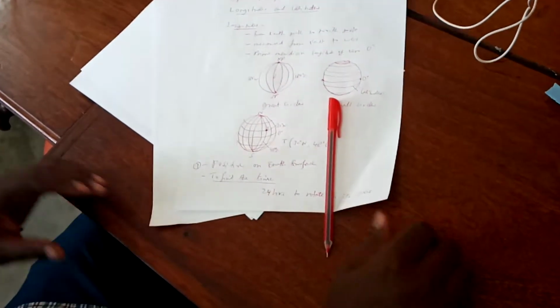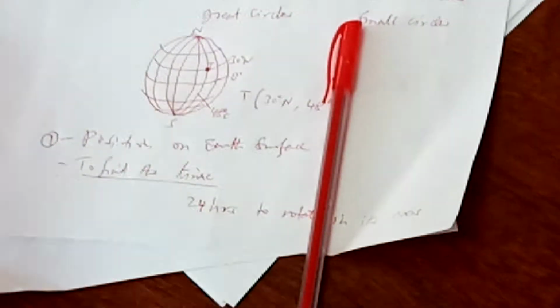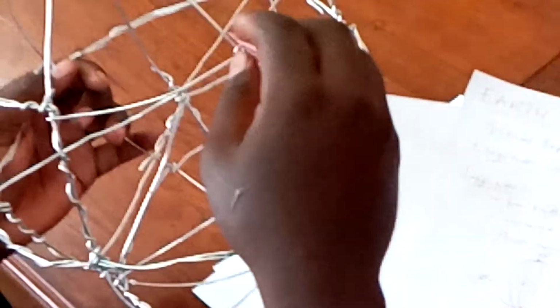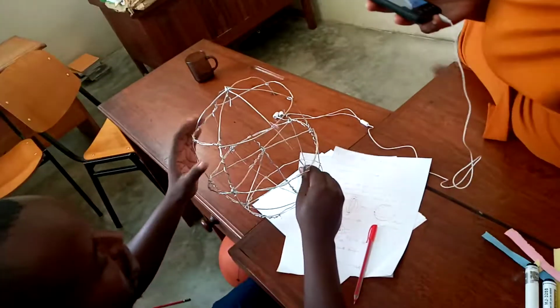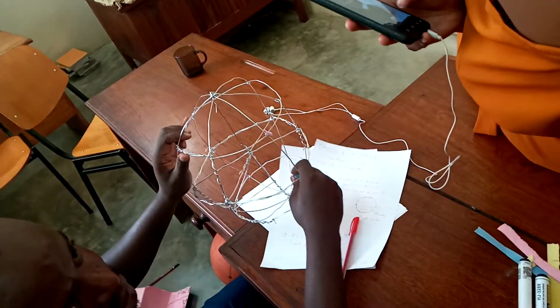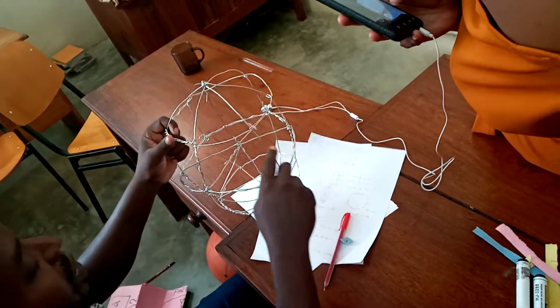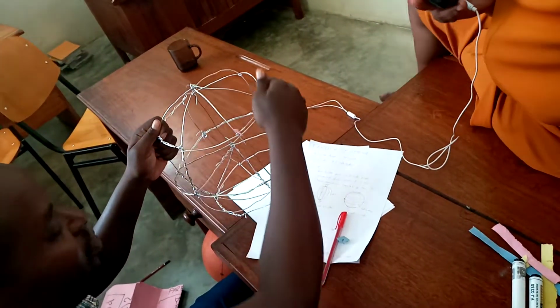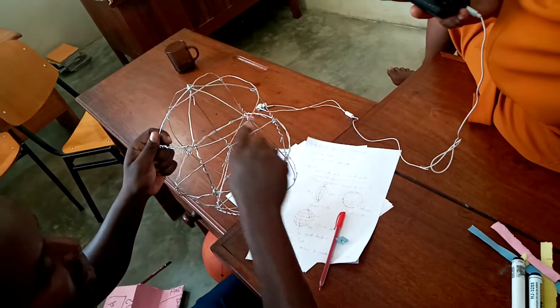For example, if you want to explain to other people where our country Tanzania is, you must explain it by using its latitude first and then longitude.